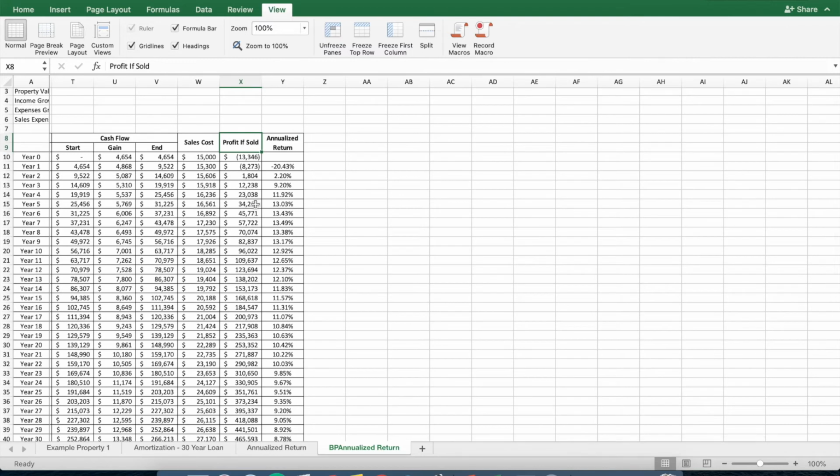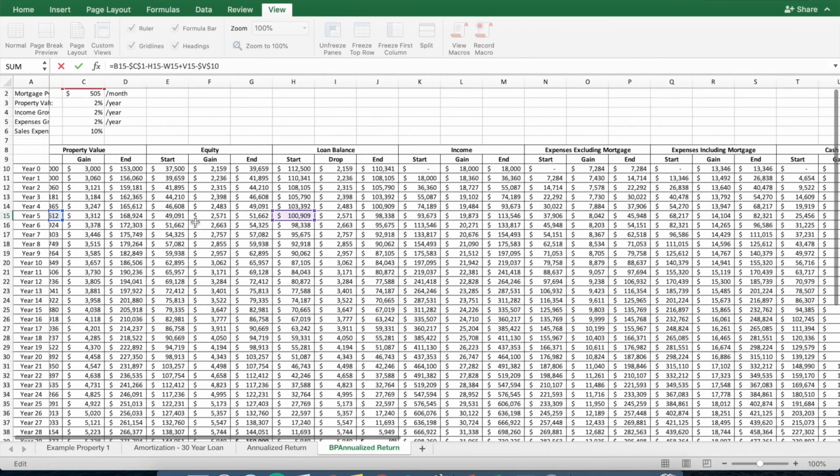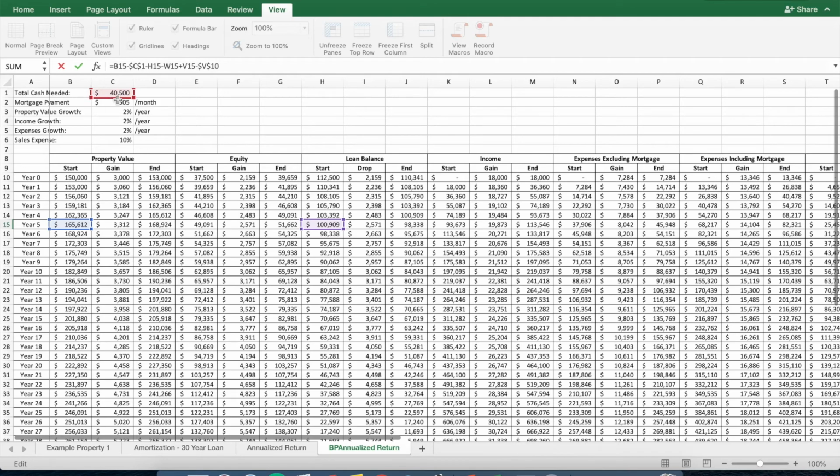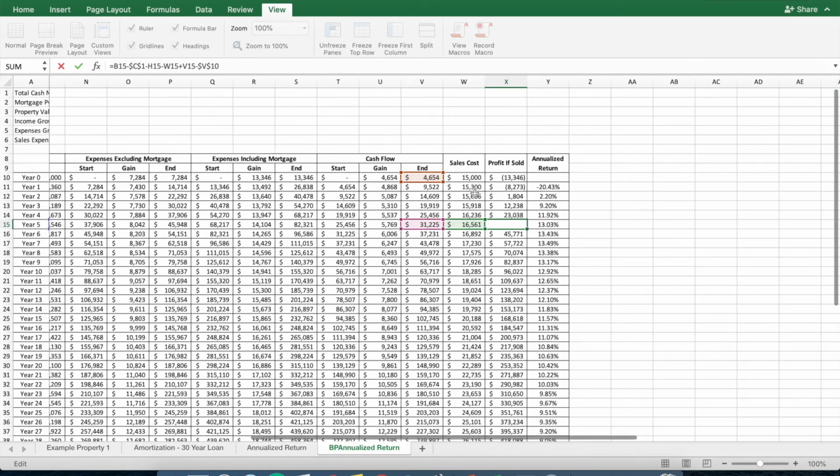So essentially, if you want to calculate the profit if sold based on the way that the BiggerPockets calculator does it, you just take the property value at the start of the year, subtract the loan balance at the start of the year, subtract the money you put into the deal, subtract any sales cost that you may have, and add back the cash flow that you've gotten since the purchase of the property minus the cash flow you got in that first year.